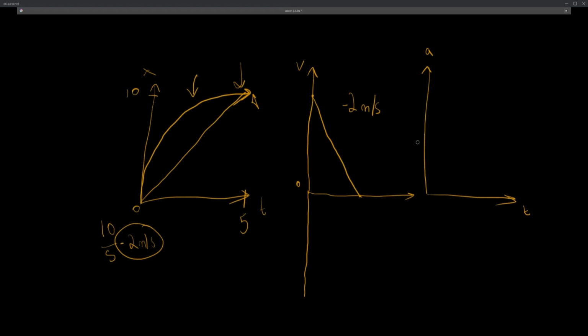It's at a constant velocity. Thus, if I were to draw an acceleration-time graph, it would be a horizontal line at 2 meters per second, or at 2. So then the acceleration is going to be 0. If we were to calculate the slope here, it would be 0. So no slope, or 0 value of slope.